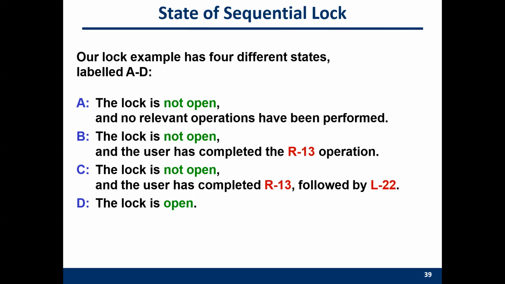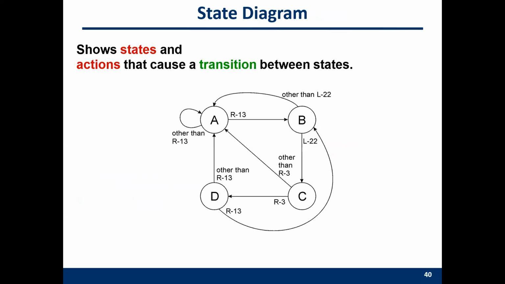So with multiple states, you have to remember only when the user completed this, then completed this. If the user did nothing, then we can summarize the working flow of the lock in this state transition diagram.